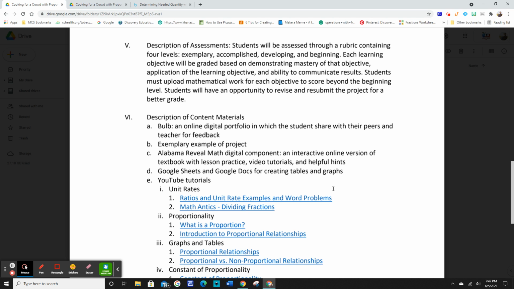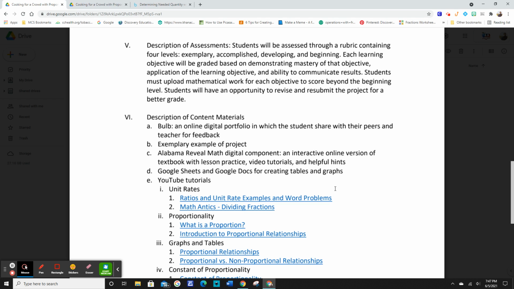This gives them an idea of where they are now and what they need to do to bump up to the next level, or maybe even 2 levels. Each learning objective will be graded based on demonstrating mastery of the objective, application of the learning objective, and the ability to communicate the results, because so much of math is not necessarily about getting the right answer.